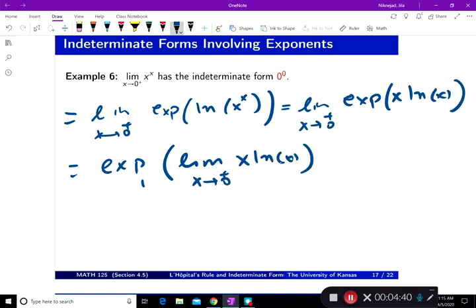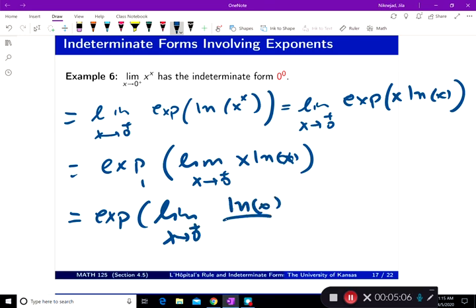Now, x natural log of x is of the form 0 times infinity, and therefore I need to write it as infinity over infinity instead, by taking x to the bottom. So I get exponential of the limit as x goes to 0 of natural log of x over 1 over x. And then I do L'Hopital's rule.